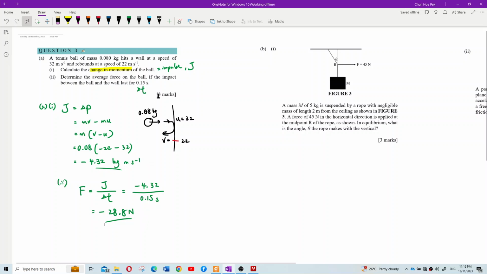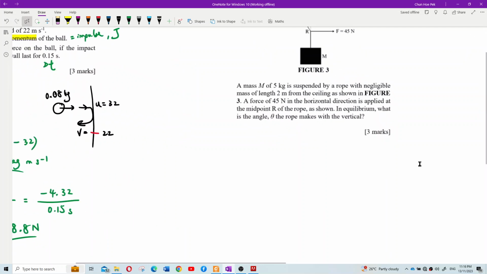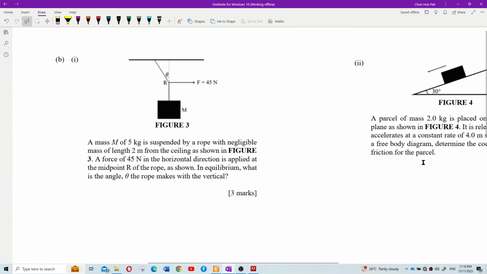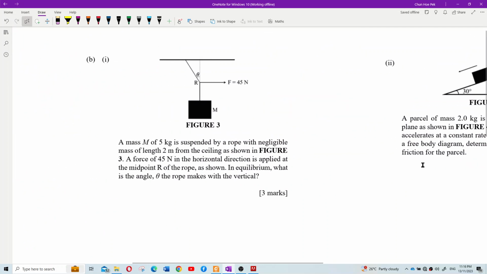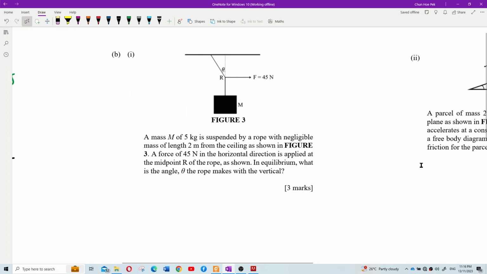Now let's continue with this one. A mass m of 5 kilograms suspended by a rope of negligible mass, length 2 meters, and a force of 45 Newton applied.